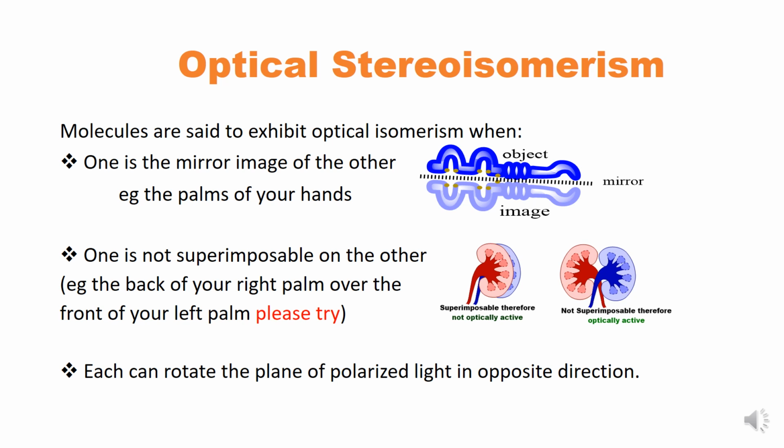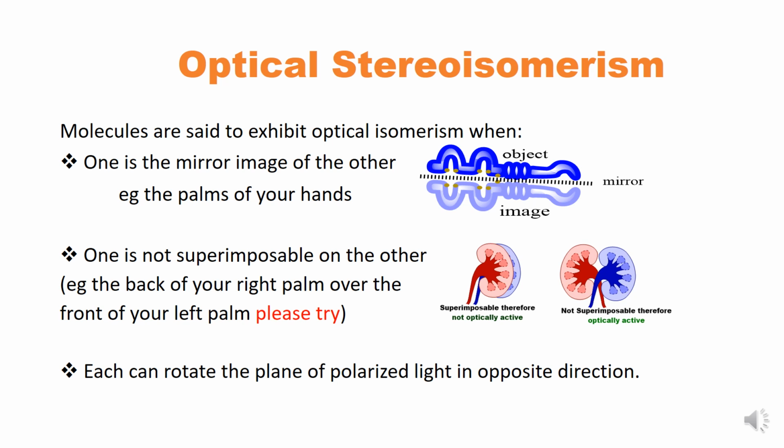The third, which is not what we demonstrate here, has to do with apparatus. The third principle that will tell you that a molecule is active is when you put it in polarized light. You find out that the two molecules will rotate the plane of the polarized light in opposite directions, to the left and to the right.